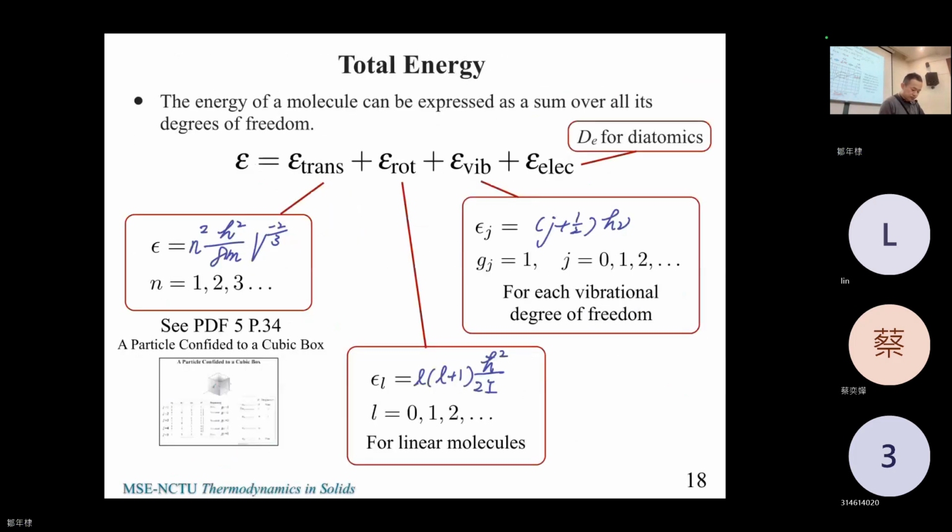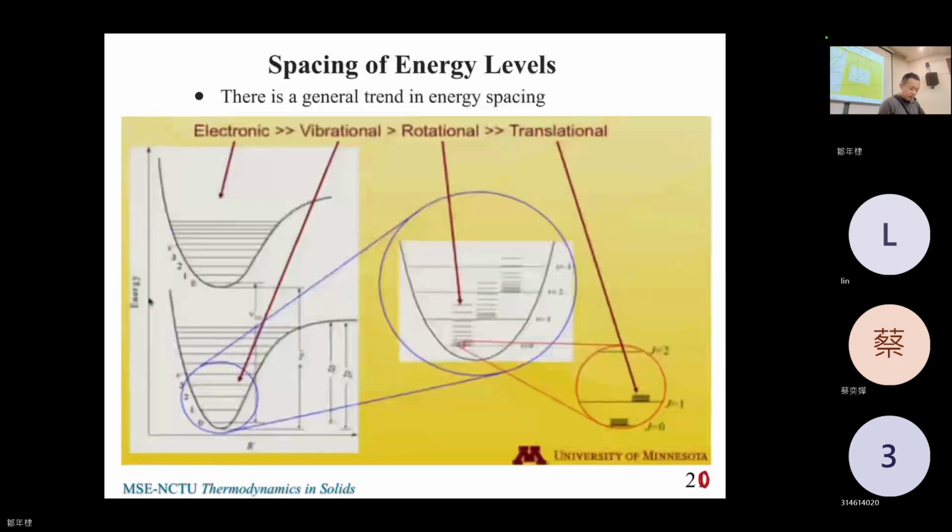Page 20. Yeah, you can see the spacing of the energy levels. We have 4 types of energy in a diatomic molecular gas: translation, rotation, vibration, and electronic.